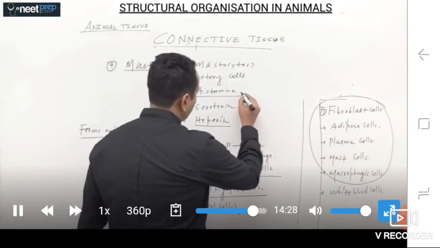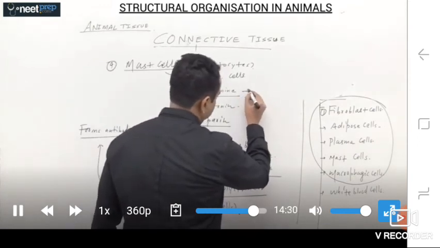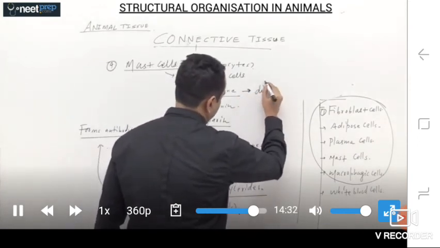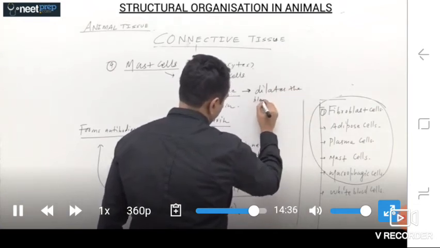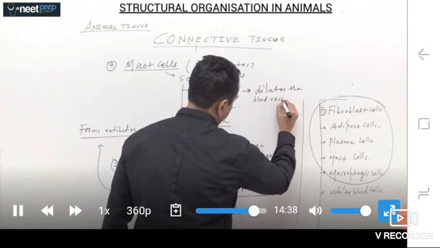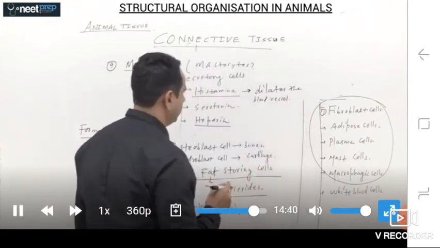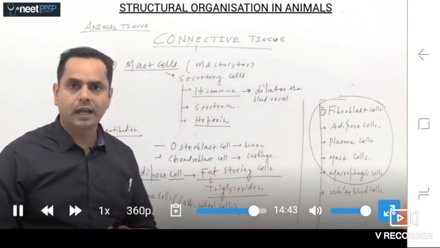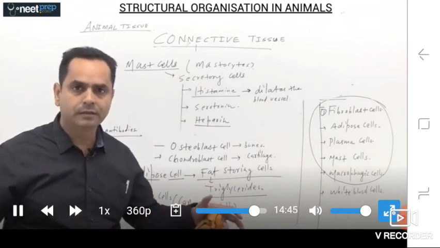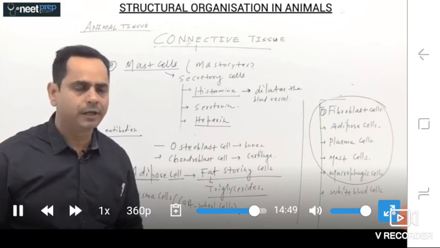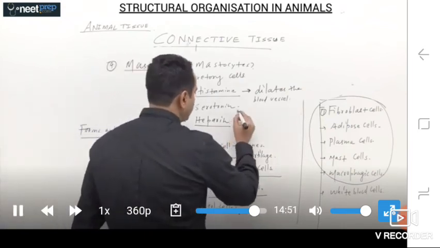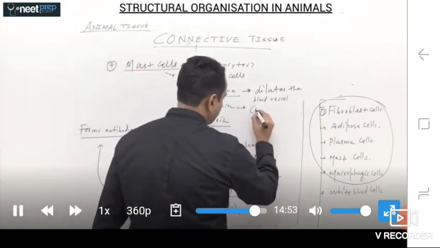Histamine is a very strong blood vessel dilator. It dilates the blood vessels. It increases the diameter of blood vessels as per the requirement. Serotonin is called blood vessel constrictor.